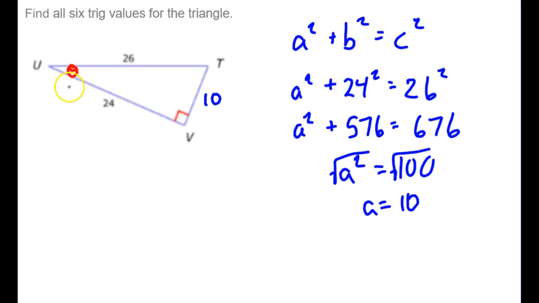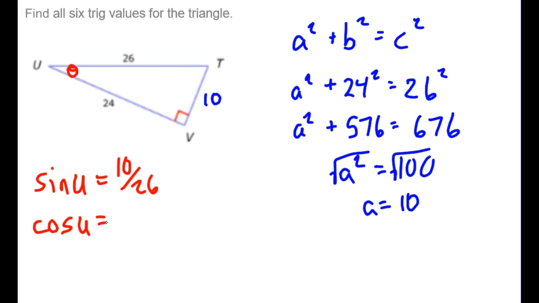So the sine of, we have to say what angle we're working with, the sine of U is equal to, SOHCAHTOA, sine is opposite over hypotenuse. So we have the opposite side, which is 10, over the hypotenuse, 26. 10 over 26.